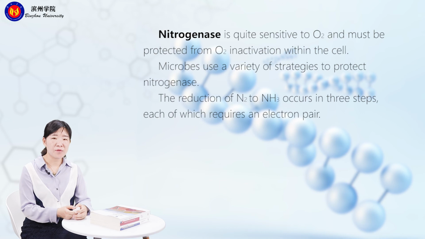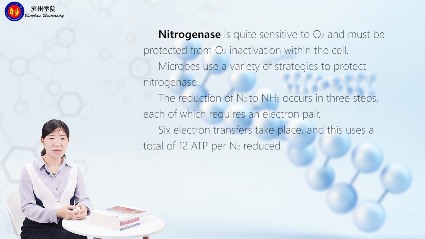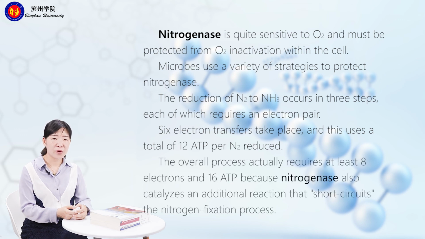The reduction of nitrogen to ammonia occurs in three steps, each of which requires an electron pair. Six electron transfers take place, and these use a total of 12 ATP per nitrogen reduced. The overall process actually requires at least 8 electrons and 16 ATP because nitrogenase also catalyzes an additional reaction that short-circuits the nitrogen fixation process.